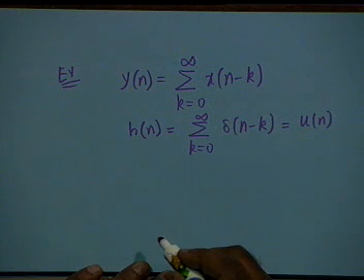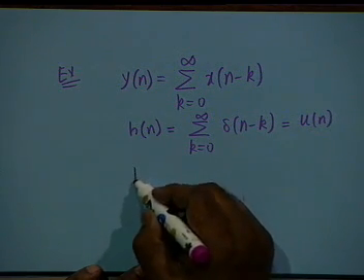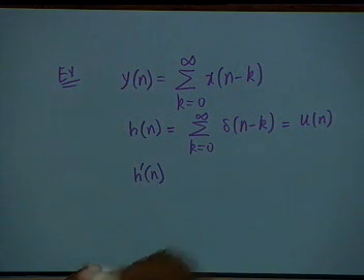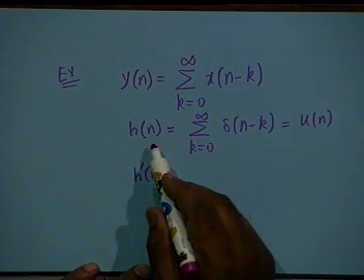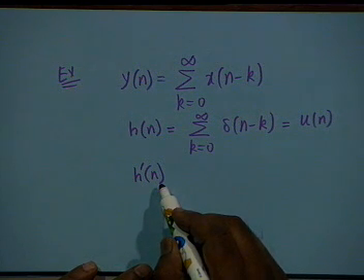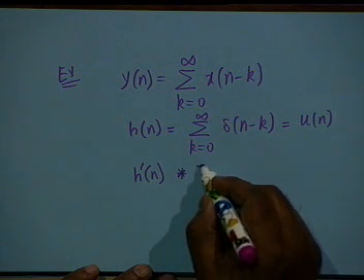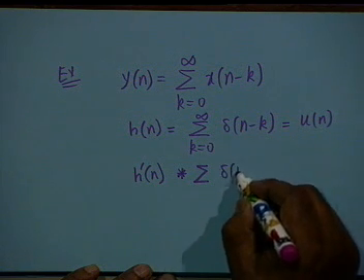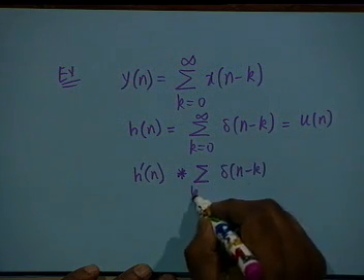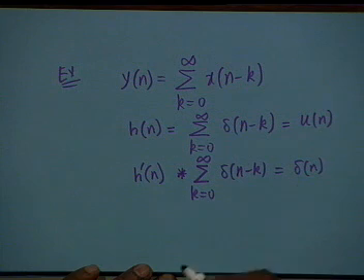So if an inverse system exists, and its impulse response is h prime of n, then h of n convolved with h prime of n should be equal to delta of n. In other words, h prime n convolved with summation delta n minus k, k equal to 0 to infinity, should be equal to delta n.